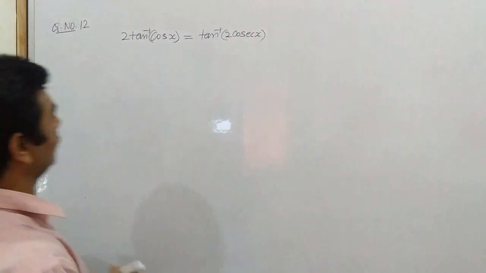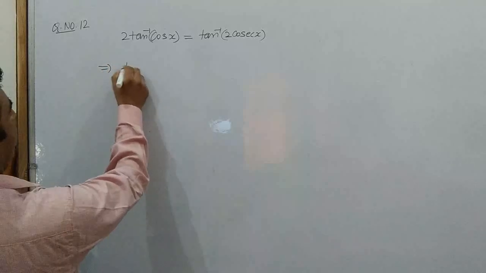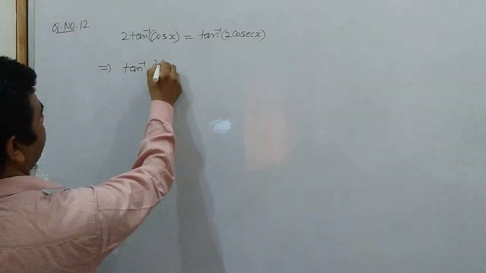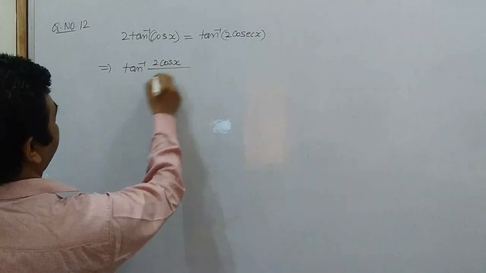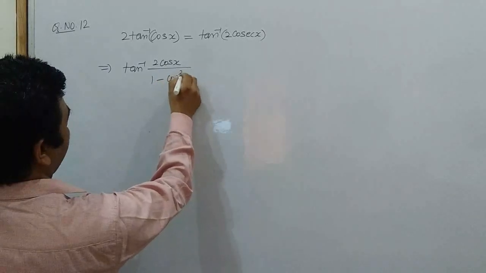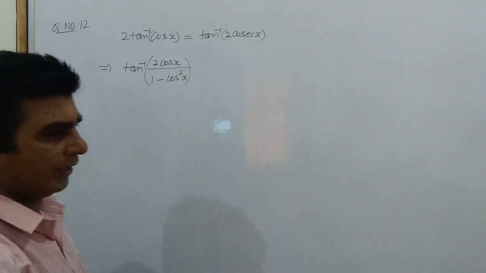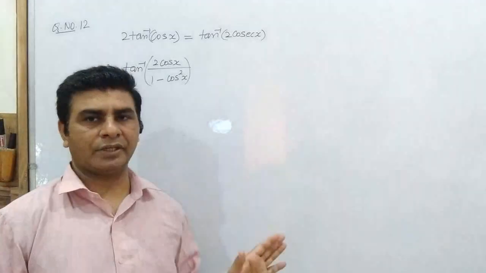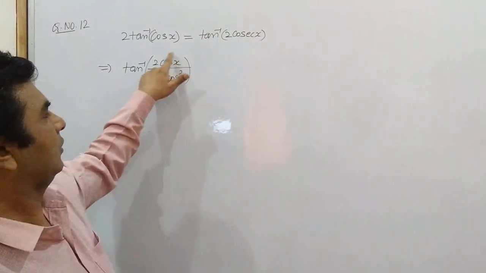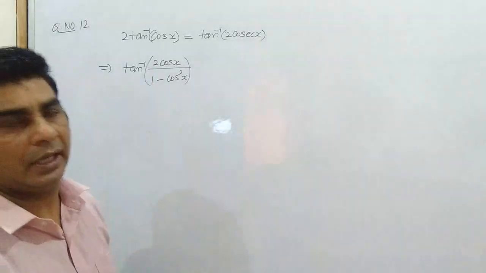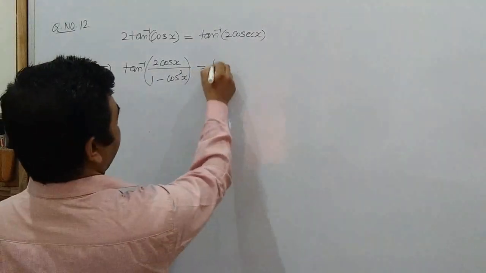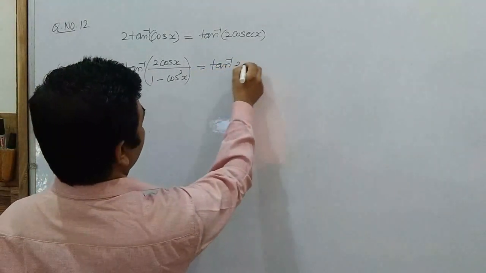So let me use this formula. Here x is cos x, so we apply cos x in place of x, and the right side will remain as it is, tan inverse 2 cosecant x.